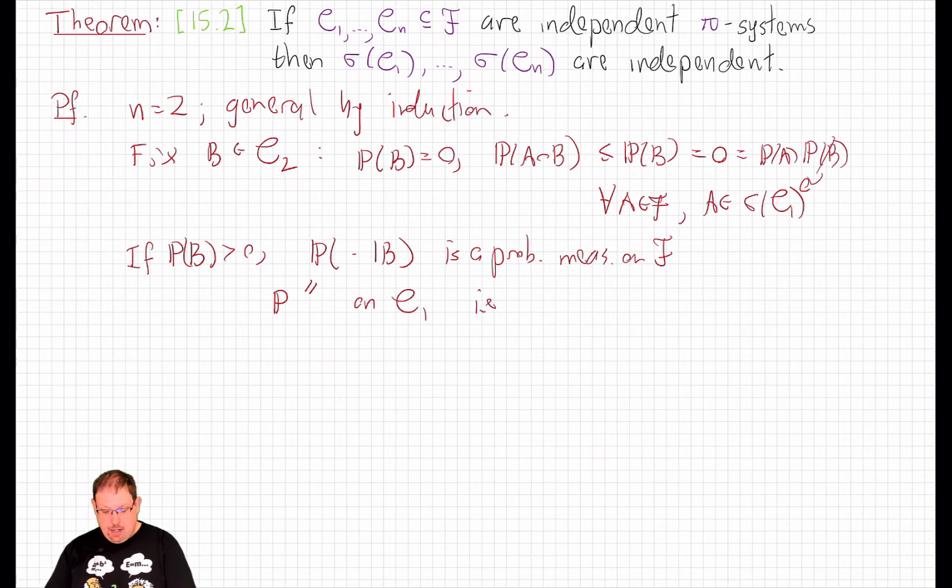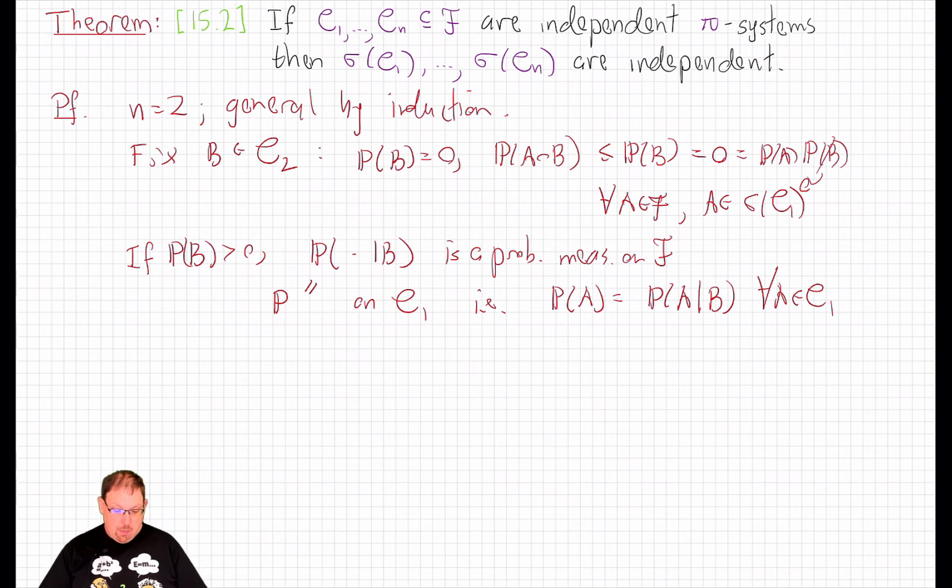In other words, our assumption is that the probability of A is equal to the probability of A given B for all A in C1, and that follows from the assumption that C1 and C2 are independent.